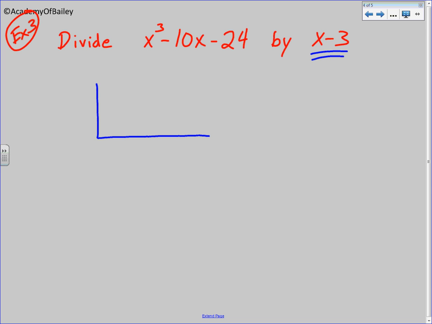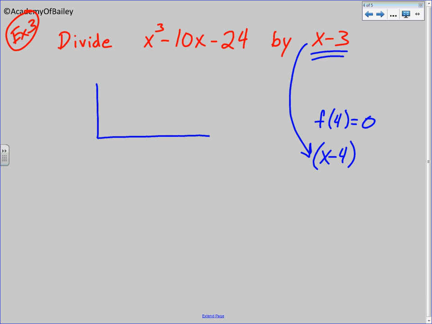What do we put outside of it? Well, remember, if we had f of 4 equal to 0, the factor that we would get out of this was x minus 4. Do you see how x minus 3 and x minus 4 are similar? It's a binomial.